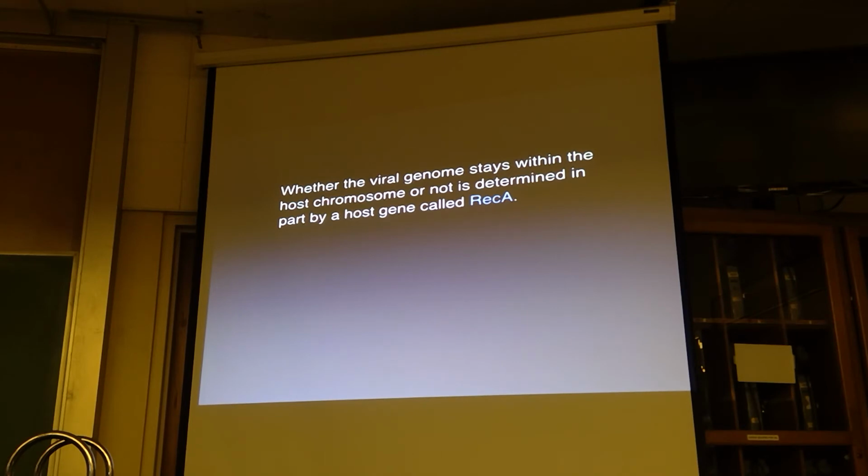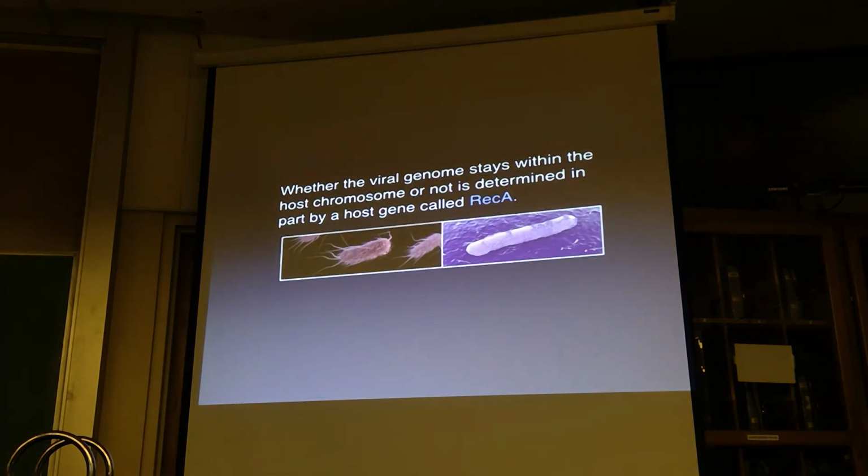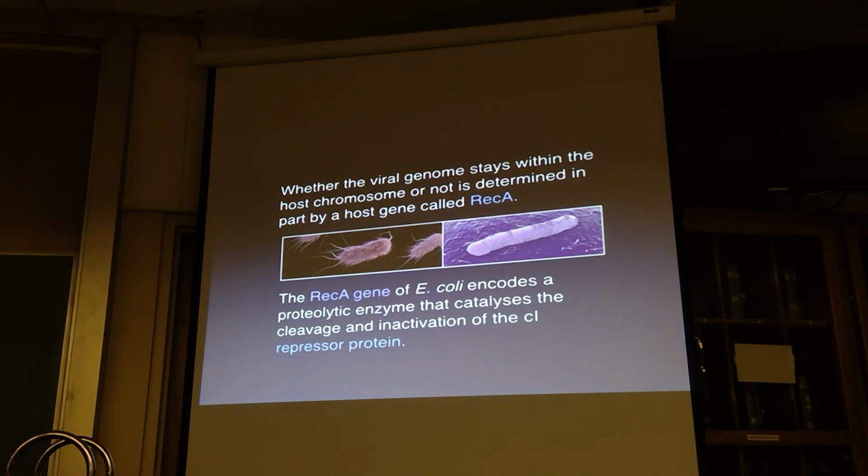Whether it stays in there or not is dependent upon the host. So bacteria, Escherichia coli, have a gene called recA. And the recA encodes a protein called the RecA protein that has a number of functions, but in association with the bacteriophage lambda life cycle, that RecA protein is proteolytic.